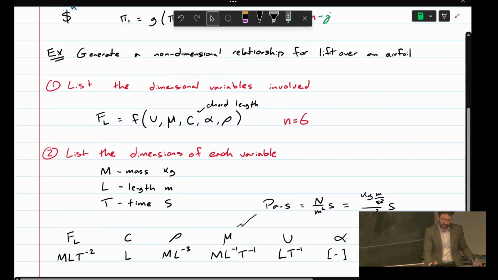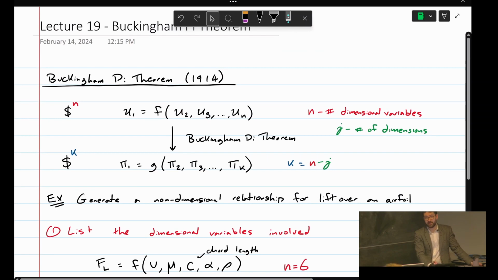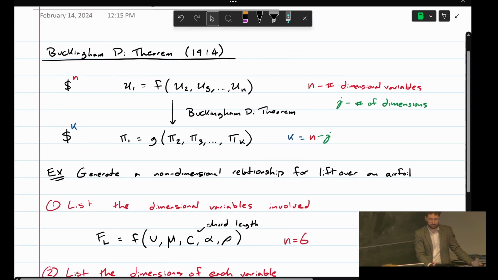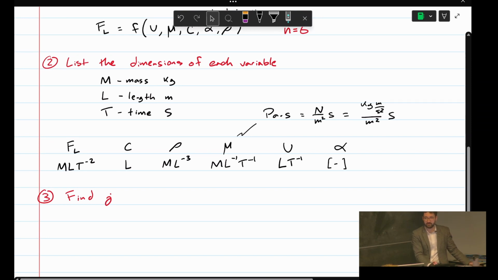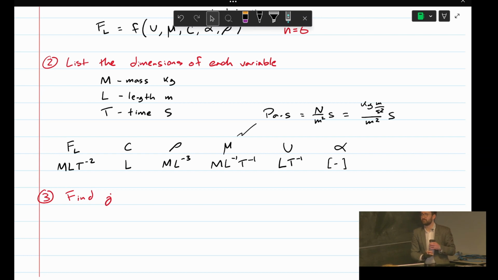So j is the number of dimensions in our problem. So how many different primary dimensions do we have here? 3? Is that what you're saying?